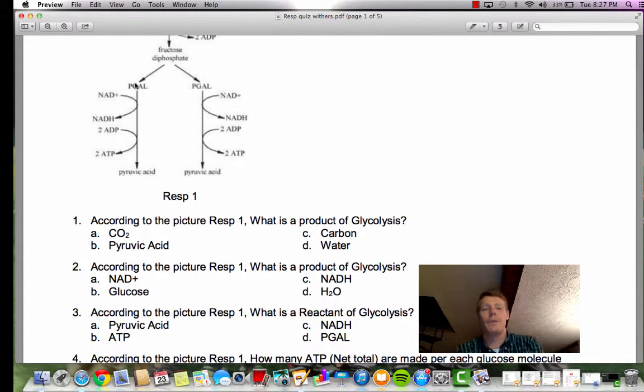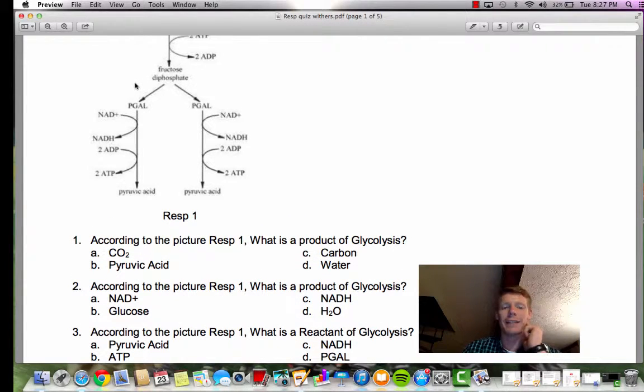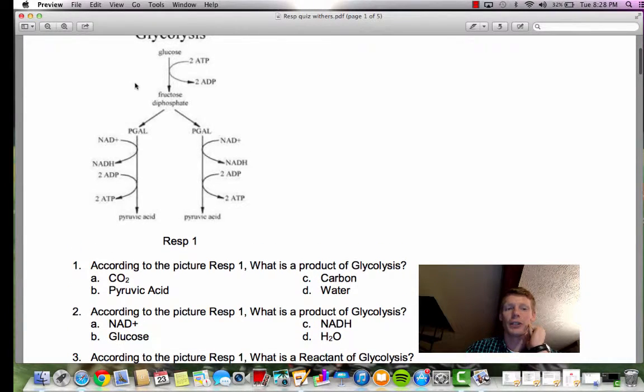Question 3. According to the picture, respiratory 1, what is the reactant of glycolysis? Is it A, pyruvic acid, B, ATP, C, NADH, or D, PGAL? So you want to know what is the reactant of glycolysis?